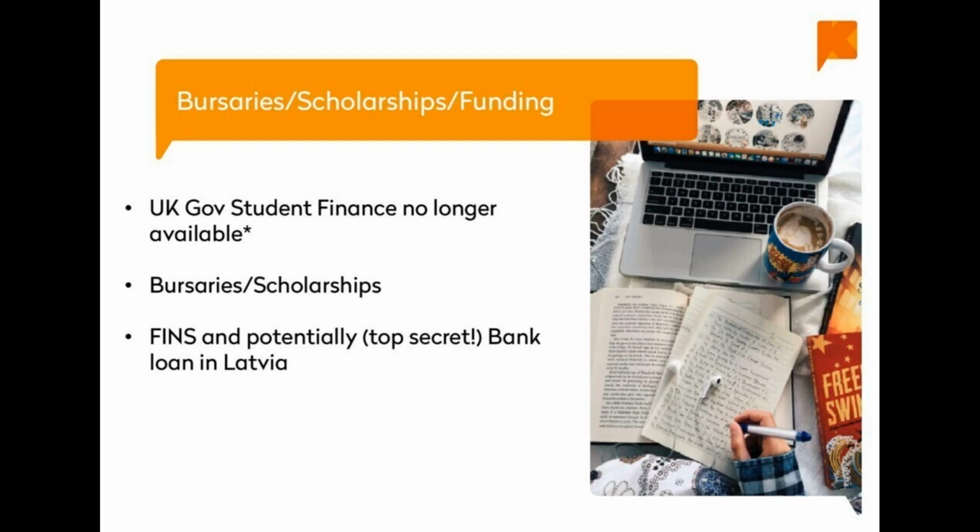Bursaries and scholarships are available for international students, and they are bigger than ever, I would say. However, what we need to remember is that before, technically, United Kingdom education used to cost 9,250 per year due to the fact that we were European Union.